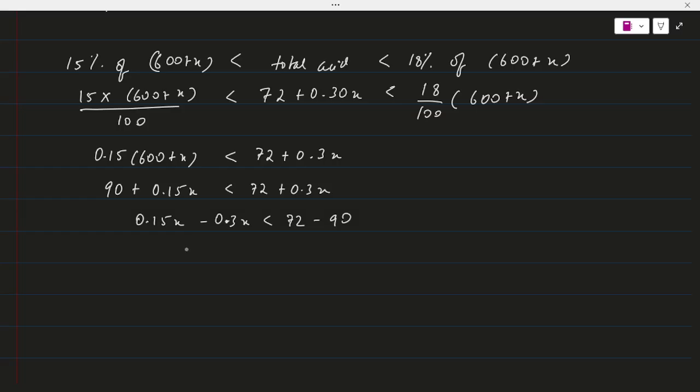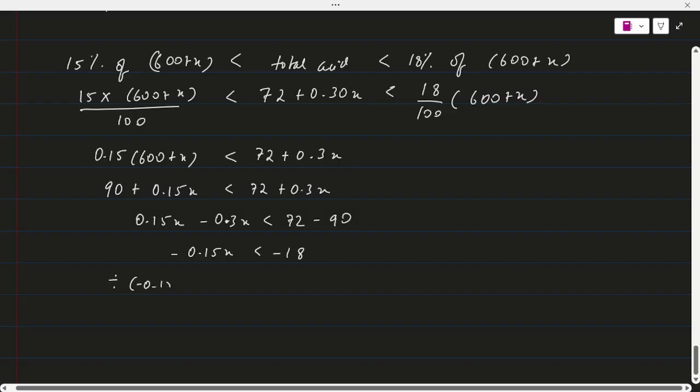We'll be getting minus 0.15X less than minus 18. Dividing by minus 0.15, we'll get X is greater than 18 upon 0.15. So X is greater than 120.